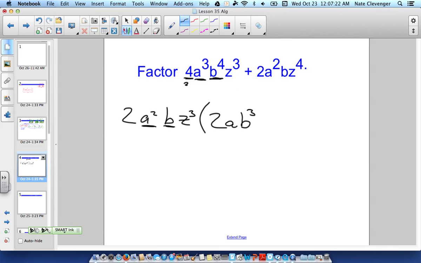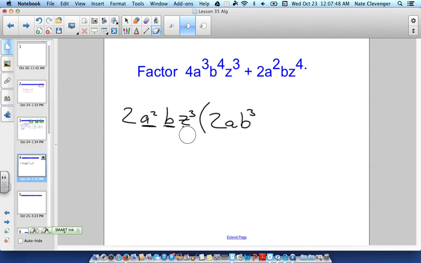My z to the 3rd divided by my z to the 3rd is 1, so I don't have to show that. This time I didn't write down the 2a squared b z cubed underneath it. I just did that mentally from point to point. So you don't have to show this if you can see what it is you're canceling.